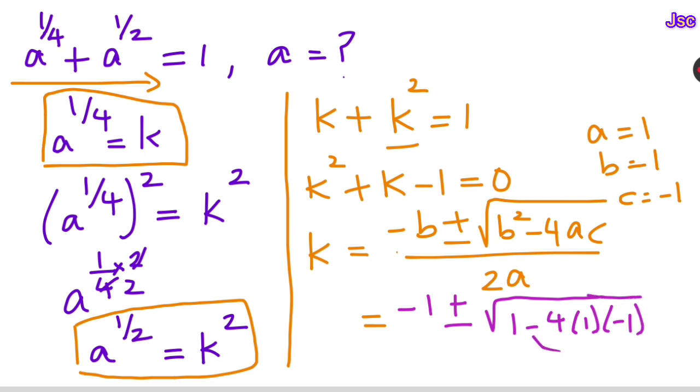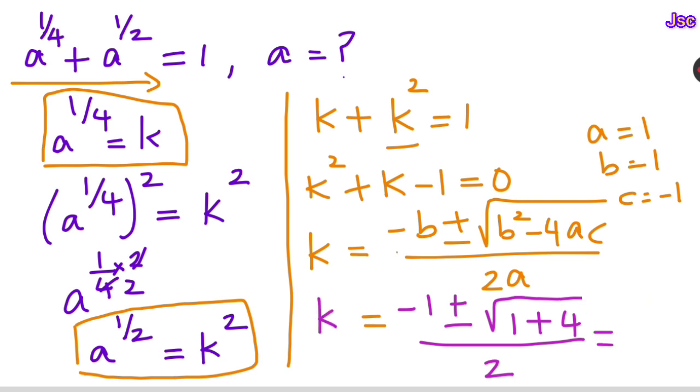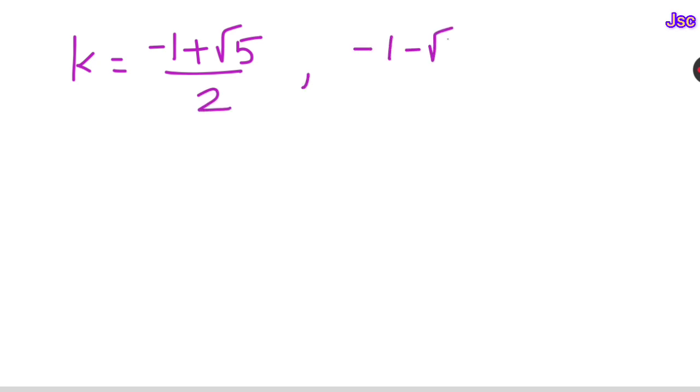Here minus and minus gives plus, 4 times 1 is 4, so that is plus 4, over 2 times a, which is 2 times 1, so 2. So this value is minus 1 plus or minus root 5 over 2. So the k values are minus 1 plus root 5 over 2 and another one is minus 1 minus root 5 over 2. These are the k values.